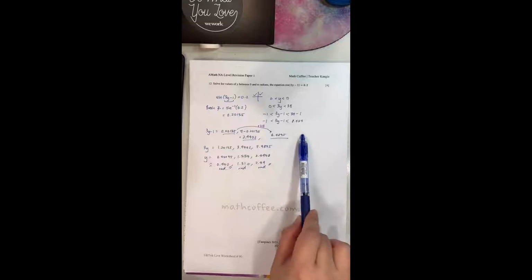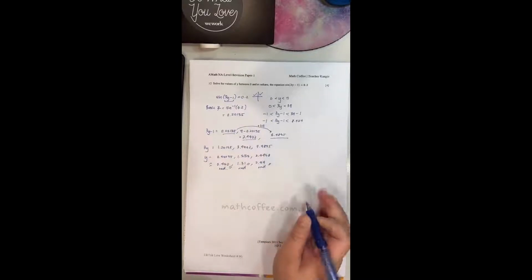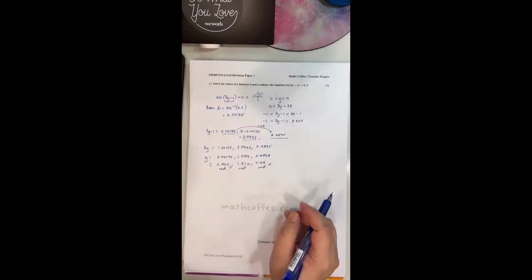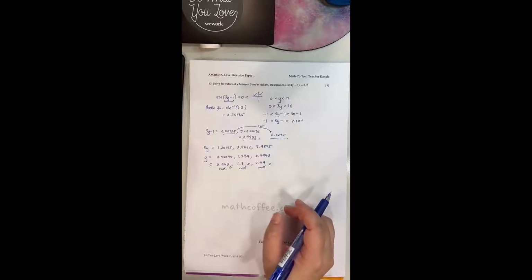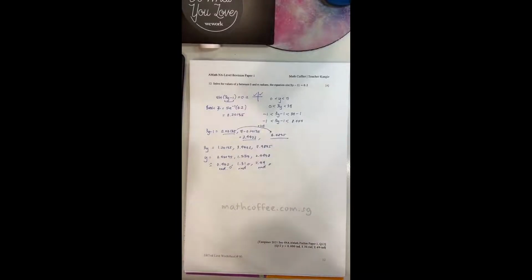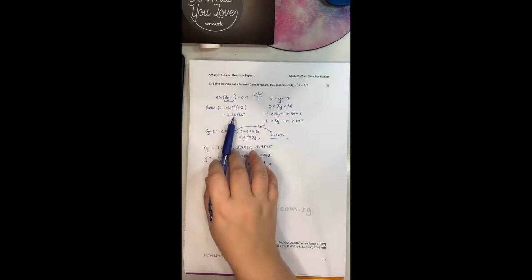Always find out what's your working range. Sine minus 1, wait. Wait, I missed out the question. Sine minus 1, I get 11.53. Sine inverse, do you go to the radian mode?